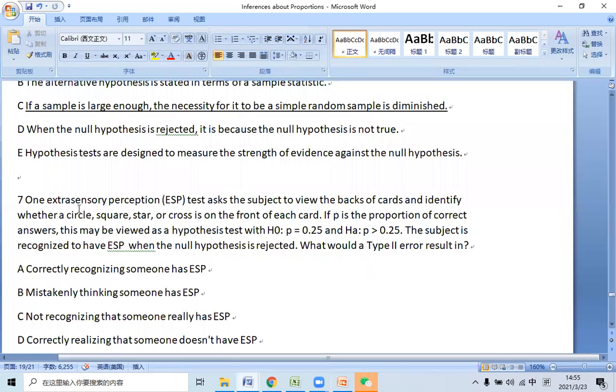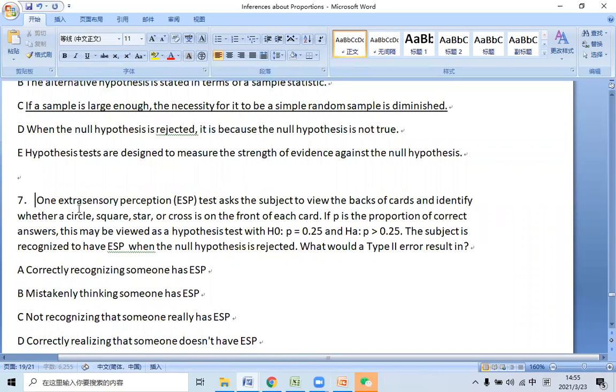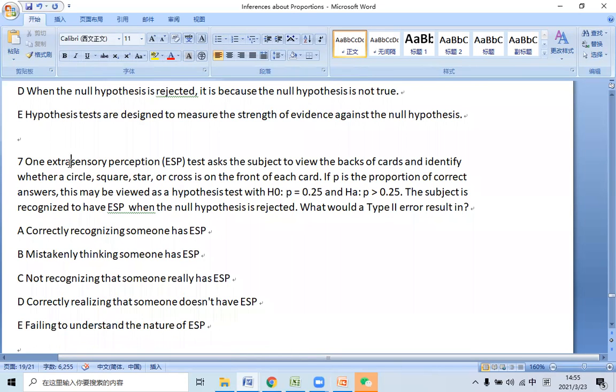Well, question 7, this is a good example for hypothesis errors. Extrasensory perception tests ask the subject to view the back of a card and then identify whether a circle, a square, a star, or a cross is on the front of each card.